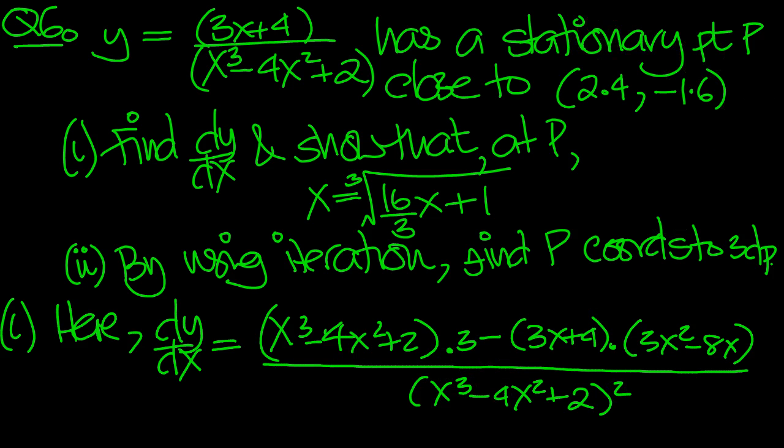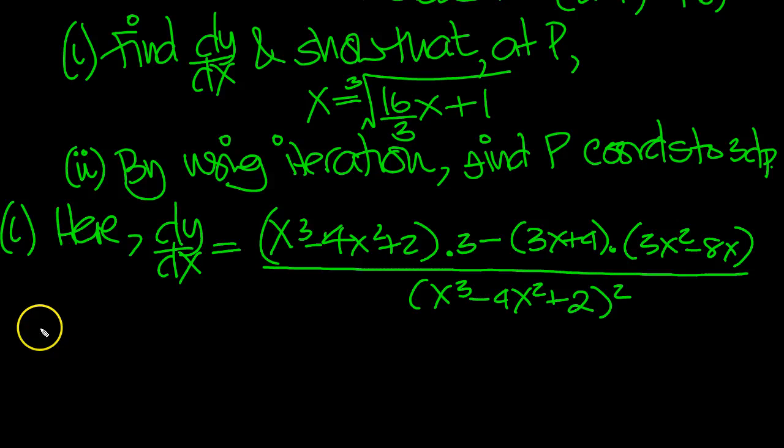So a stationary point is when dy/dx is 0. So at the point P, we know dy/dx is 0, and that means the numerator must be 0.